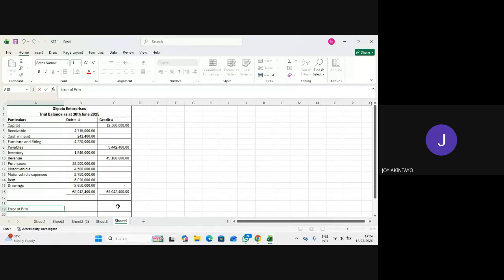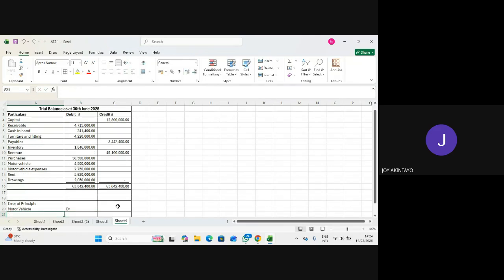So what do we do? Motor vehicle account, yes. Then you credit cash account.